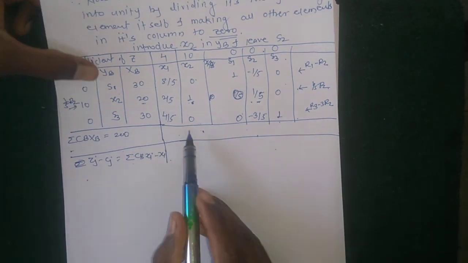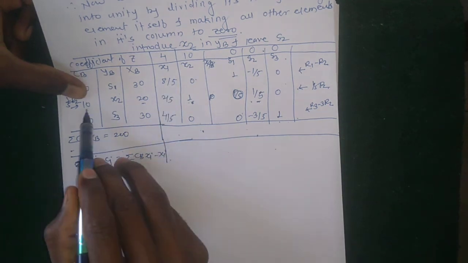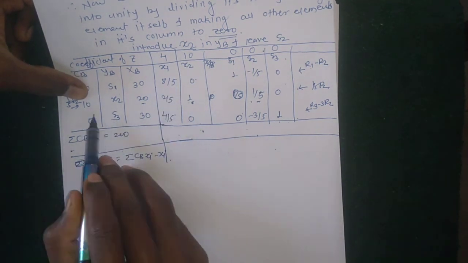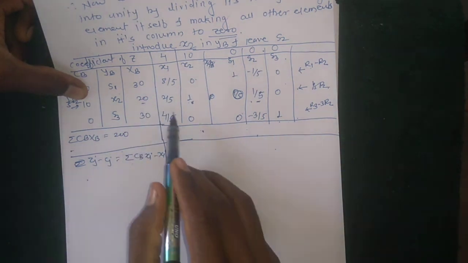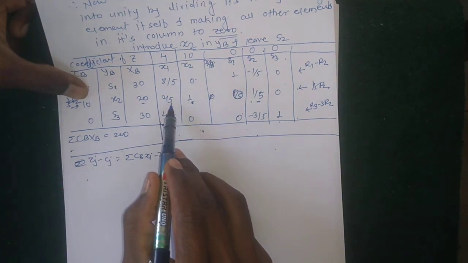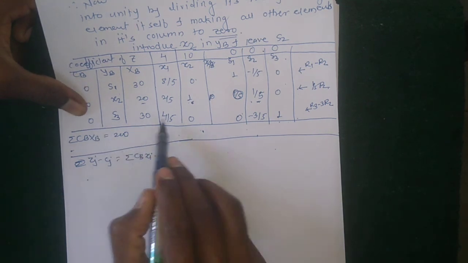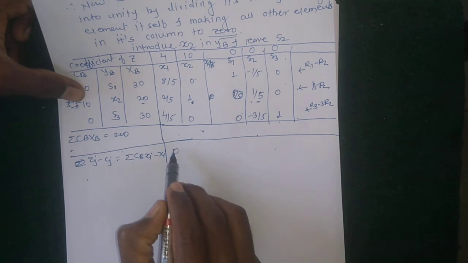So here 0 into 8 by 5 is 0, plus 10 into 2 by 5, whose value is 4, plus 0 into 4 by 5, remaining only 4. 4 minus 4 is 0.